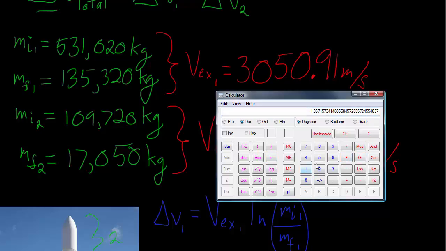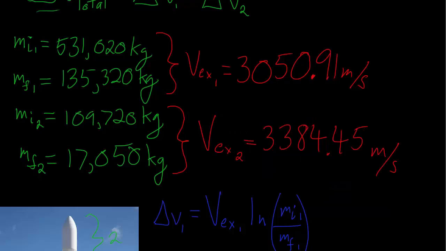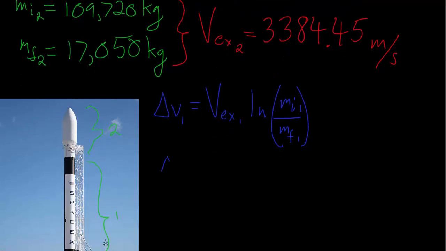Multiplying that by our exhaust velocity, we get 4,171 meters per second. So the change in velocity for stage 1 is equal to 4,171 meters per second.